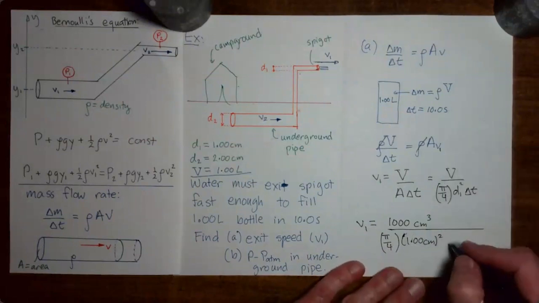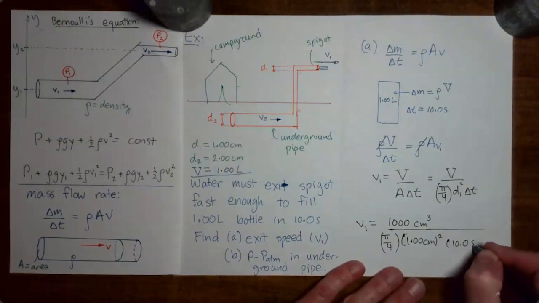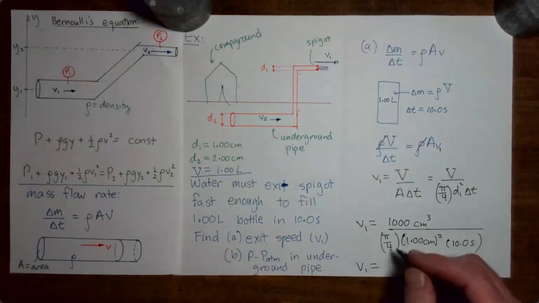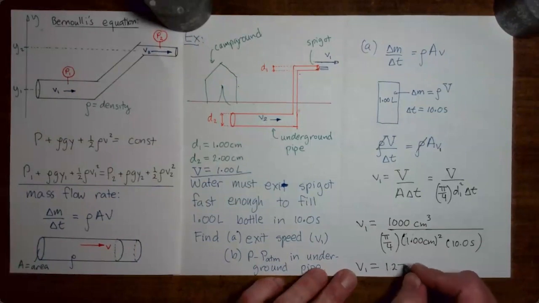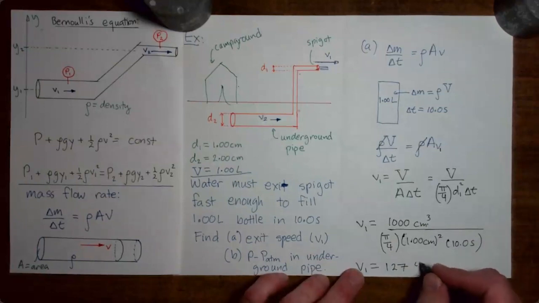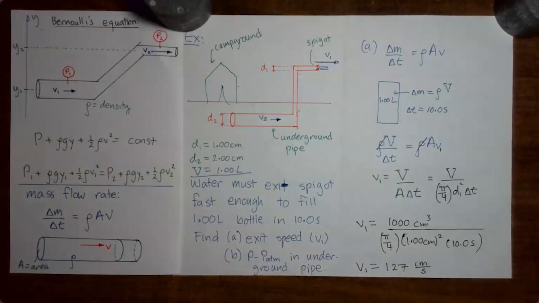Delta T was 10 seconds. So the flow speed at the exit must be, put everything in your calculator, I got 127. And as far as the unit checking, notice we have centimeters cubed over centimeters squared. That would give us centimeters, and then down here seconds. So the flow speed at the exit would be 127 centimeters per second.